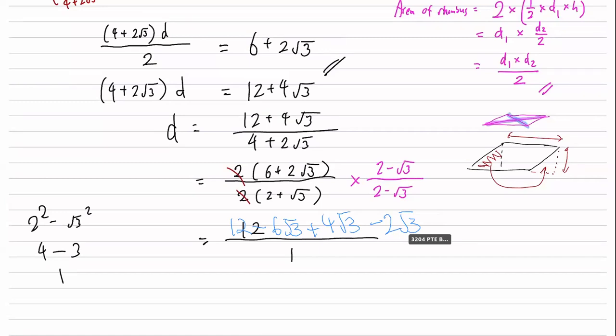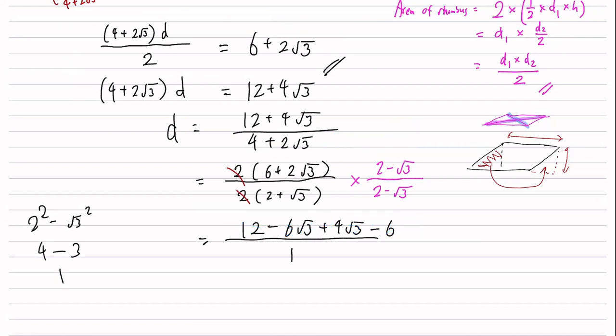Correct, very good. Let me just copy it down first. 12 minus 6 root 3 plus 4 root 3 minus 2 times root 3 is 2 times 3, which is 6. Here should be root 3. Minus 2 root 3. Yeah, okay.